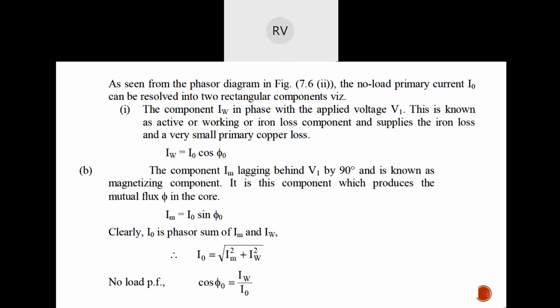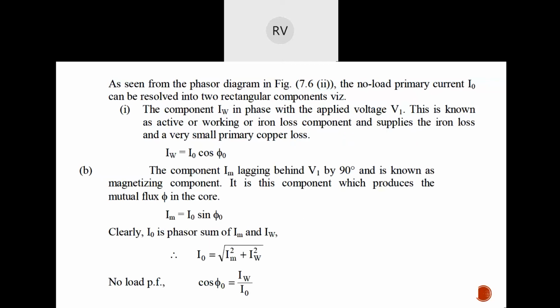So Im equals I naught into sine phi naught. And clearly I naught is the phasor sum of Im and IW. This we know, right? And at no load, the power factor cos phi naught equals IW by I naught. You know what the power factor is, right?